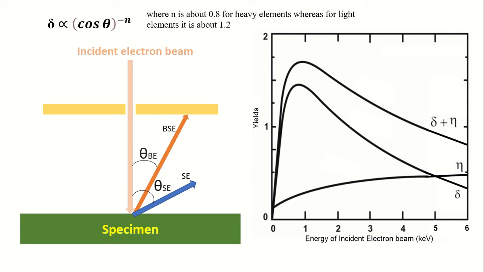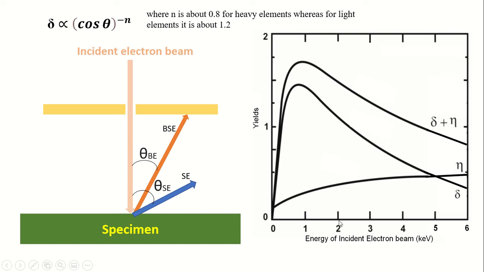So here in this image you can see the yield versus the energy of the incident electron beam. For lesser energy we have more yield. Here you can see at 1 kilo electron volt we have a higher yield as compared to the higher energy regime.